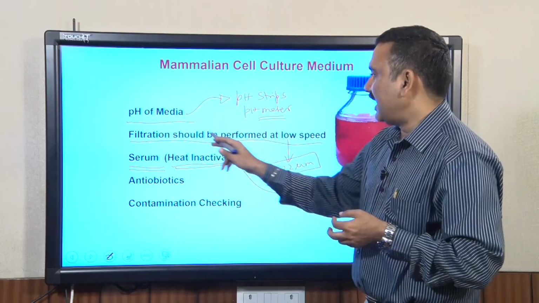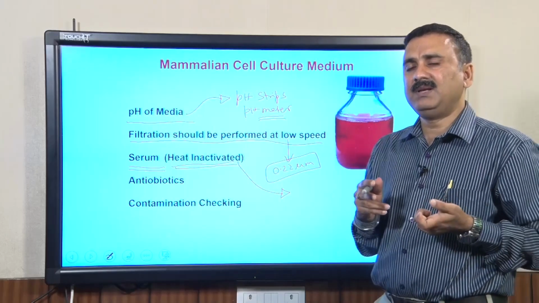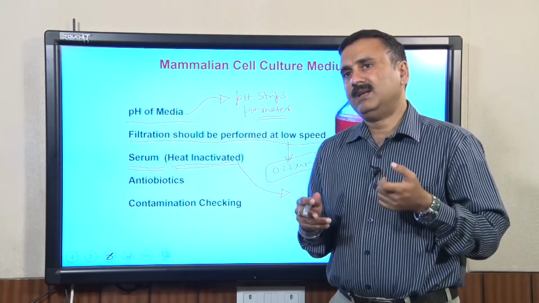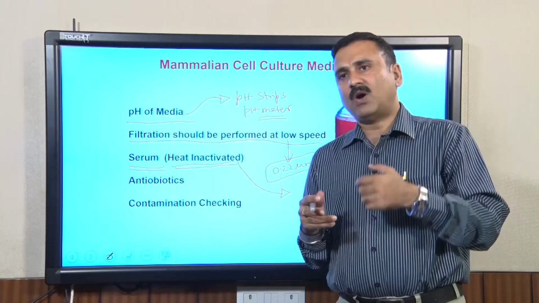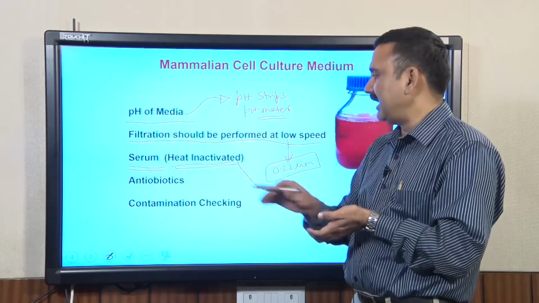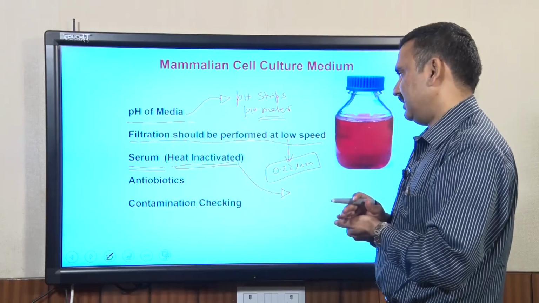What we need from the serum is only the growth factors as well as the hormones. We do not need the antibodies or the complements from the serum, and because of that these molecules have to be removed, which you do by using the heat inactivated serum.